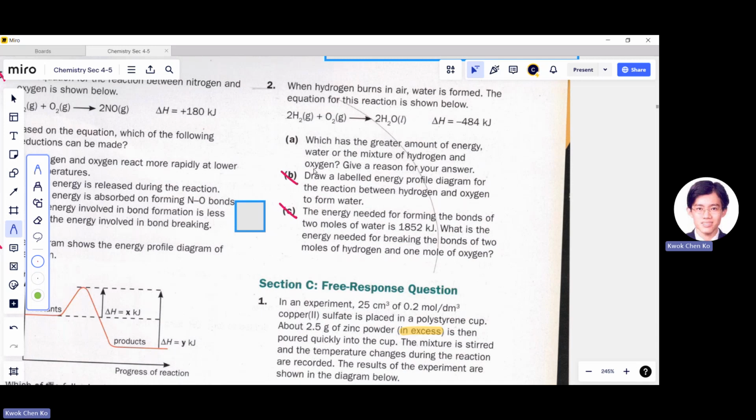First thing, did you notice this value is for bond forming? Bond forming is exothermic, so if I want to convert this energy to delta H, it's minus. Express it as minus. That is the trick.